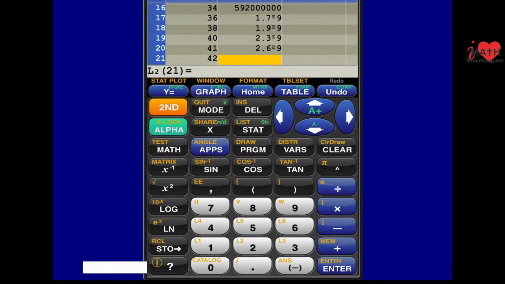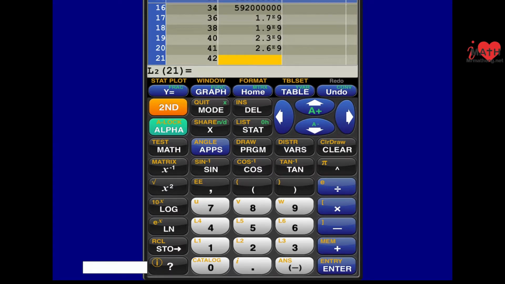All right, I'm about to finish my list, but I wanted to show you guys that the calculator is using scientific notation. So how do you do scientific notation on your graphing calculator? Above the 7, you'll see a comma and then a double E. The double E is helping you with scientific notation. So I'm going to put in 5 billion.